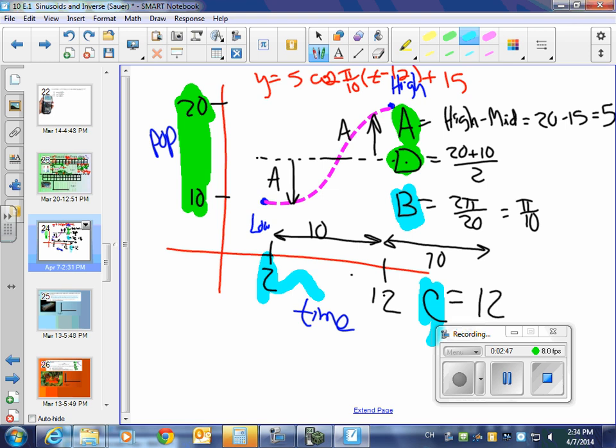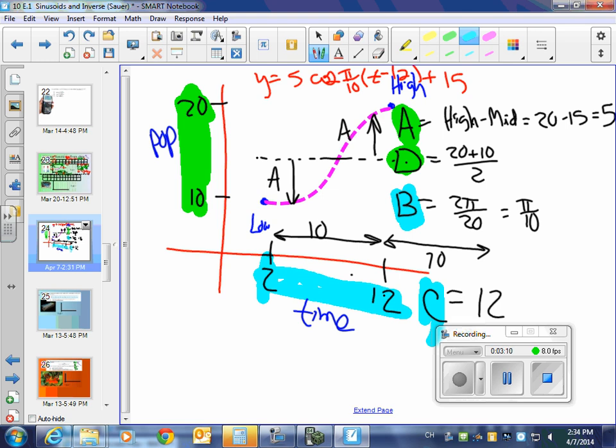The x. This is how I keep all of this straight: if I'm looking for A and D, those are vertical changes, in amplitude and in the D vertical shift. And if I'm looking for B, a period change, that's more of an x thing, and C is going to be a horizontal shift of 12.